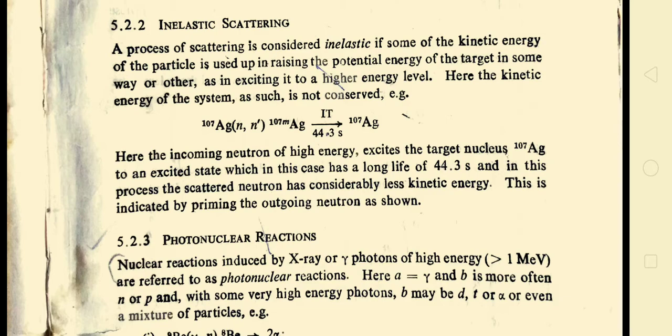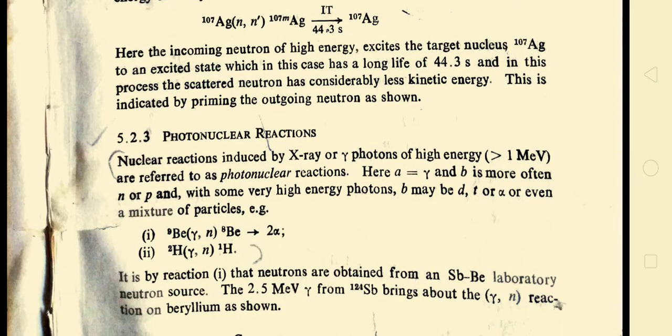Here the projectile is a gamma photon, and the ejectile is more often a neutron or a proton, or for very high energy photons, the ejectile may be a deuteron, tritron, alpha particle or a mixture of particles, proton, etc. That is, a variety of ejectiles are there.